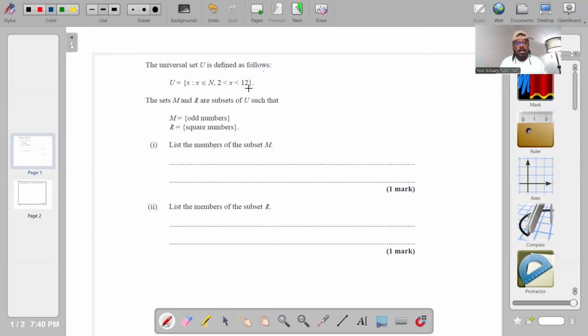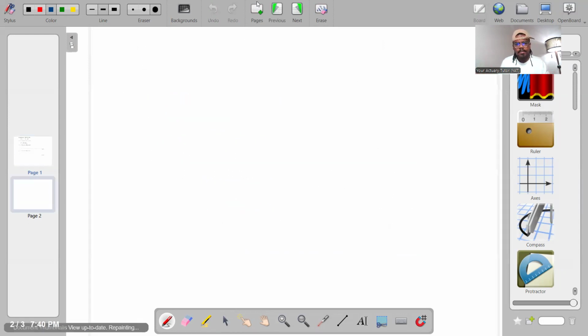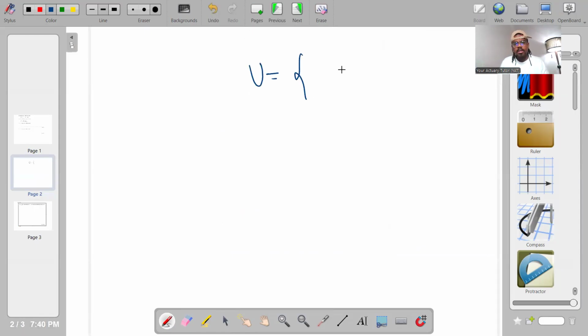All right. Now, let me give you an example. I can have a universal set that says, well, we're only going to take numbers from 1 to 6. Okay. But then they're going to define other sets, like say set A. And I'm going to say set A is even numbers.